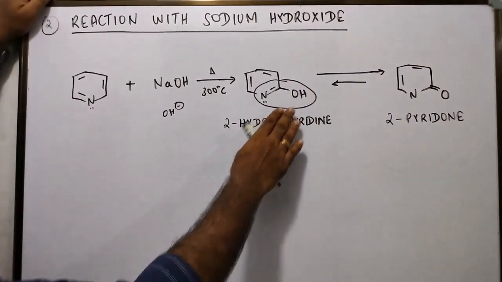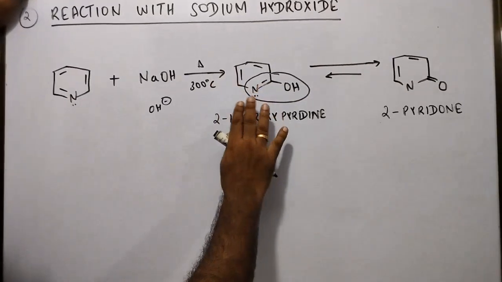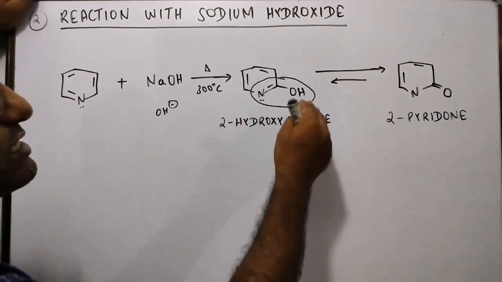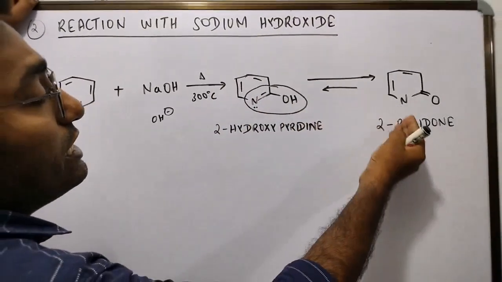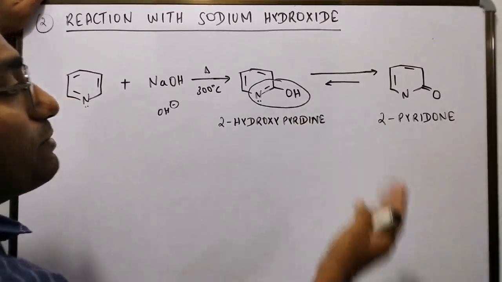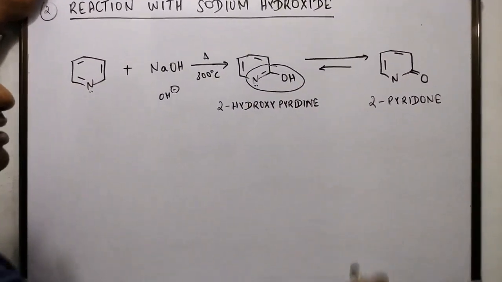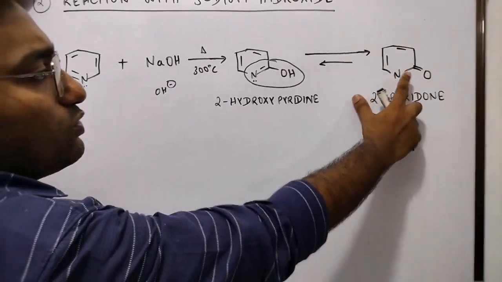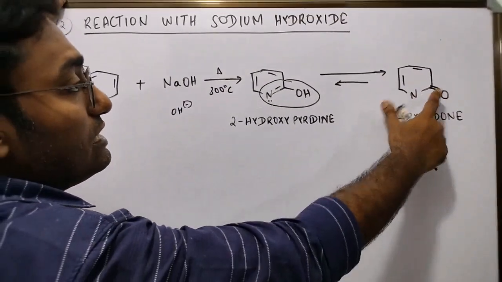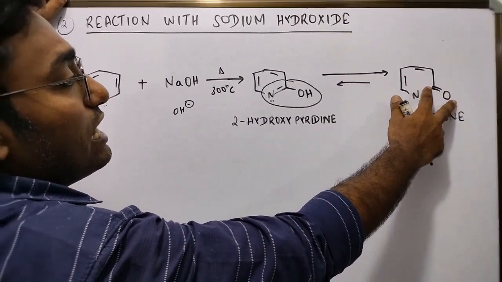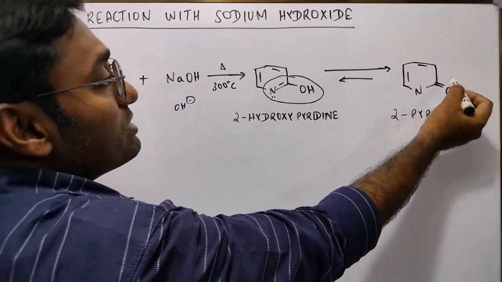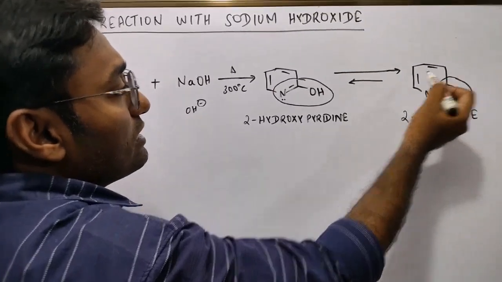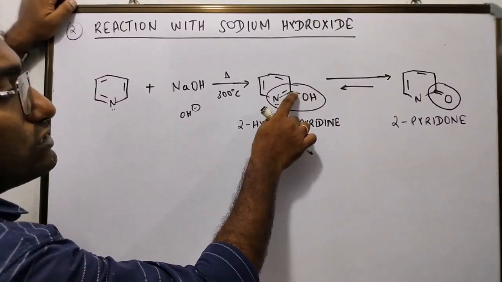That means that most of these molecules would convert themselves into the keto isomer at any temperature. 2-pyridone, the keto isomer, is more stable. The reason for this is that the carbon double bond O is a much stronger bond than the carbon O single bond.